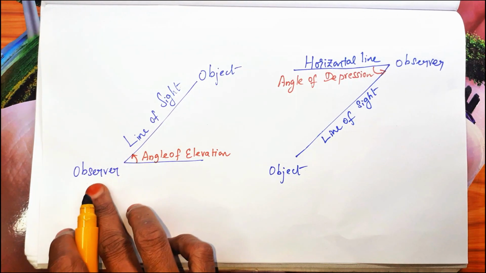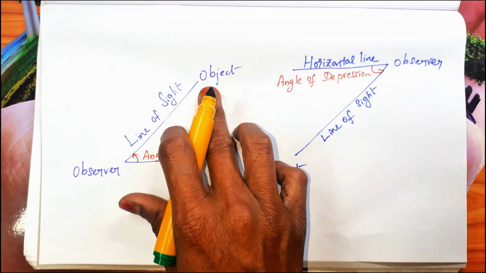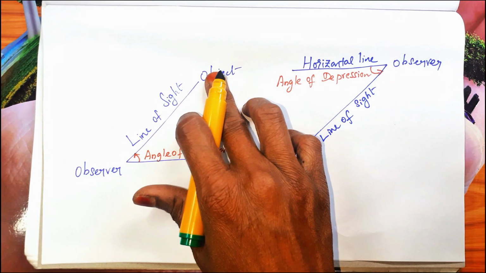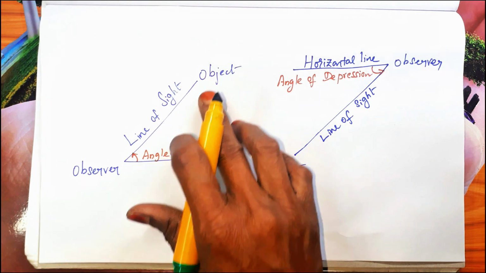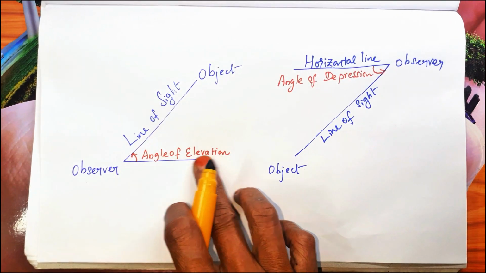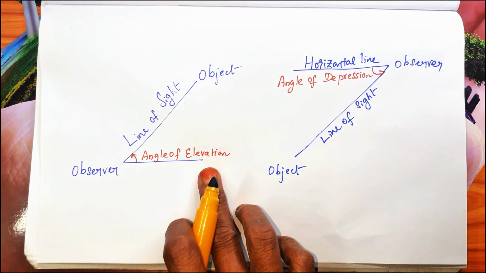I repeat, the observer is standing below, he is here, and the object is up from his line of sight. So the angle of elevation is the angle which the horizontal line makes with the line of sight. This is called the angle of elevation.